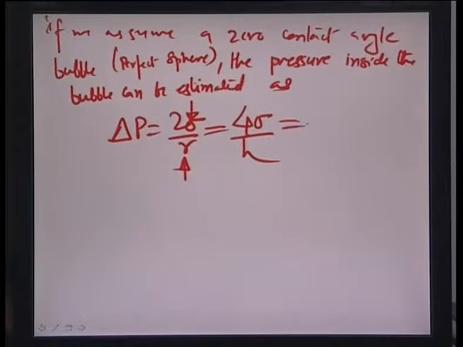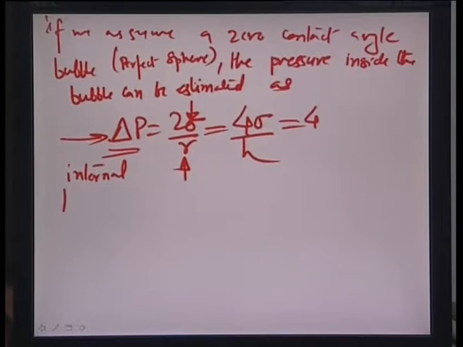So here the surface tension is close to 0.072 newton per meter for water, and with the bubble dimension, this gives the internal pressure of the bubble.